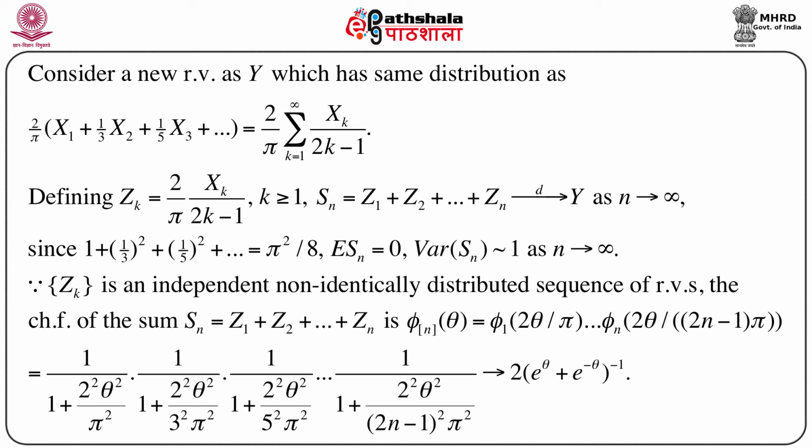If we expand this, we get 1/(1 + 2²θ²/π²) times 1/(1 + 2²θ²/(3²π²)) times 1/(1 + 2²θ²/(5²π²)) up to 1/(1 + 2²θ²/((2n−1)²π²)). And it can be shown, by a result in analysis known as Gregory's series, that this converges to 2 times (e^θ + e^(−θ)) to the power −1.